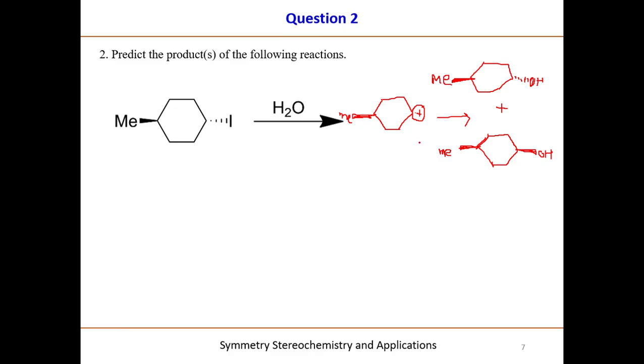Okay, these two are the products for this reaction, and this is the intermediate. Correct?